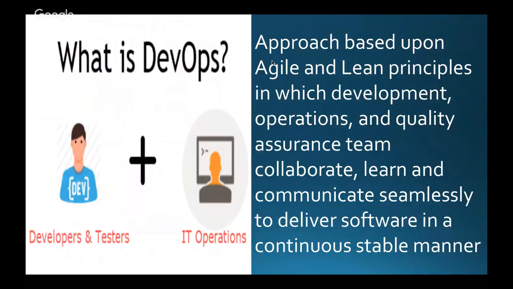And if you ask me personally, I believe DevOps is an approach based upon agile and lean principles in which development, operations, and quality assurance teams collaborate, learn, and communicate seamlessly to deliver software in a continuous, stable manner. If you see, it has a few basic keywords.